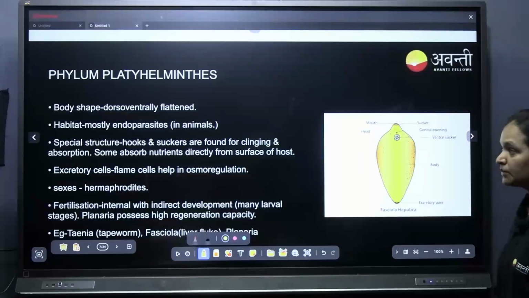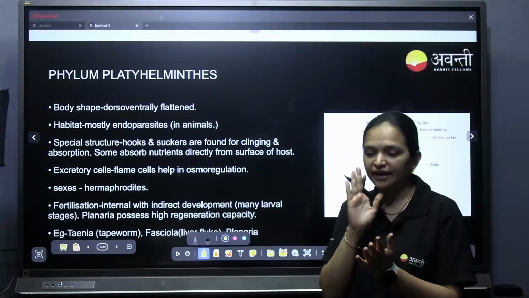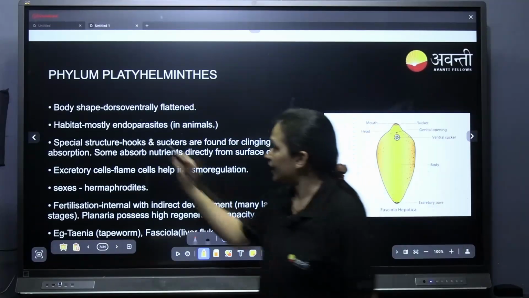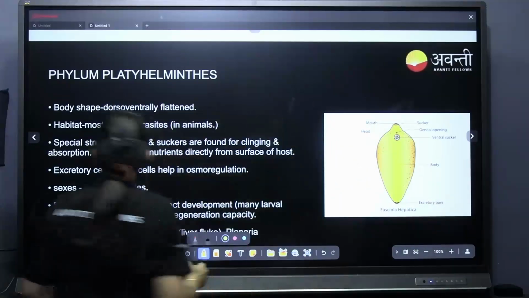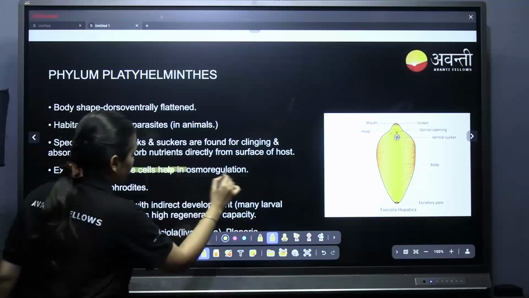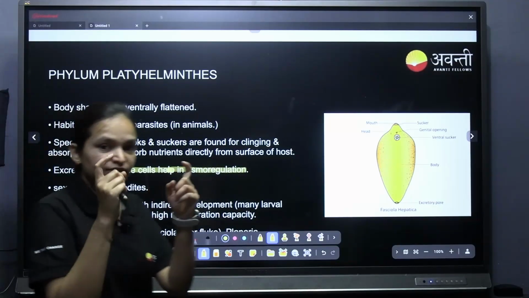Now coming to platyhelminths. Platyhelminths माने flatworms होते हैं, and these also doesn't have a true digestive system. And one of the important thing here is the flame cells. Yes, excretory cells होते हैं ना, इसमें flame cells होते हैं, and they also help in osmoregulation. Okay, these have the suckers.